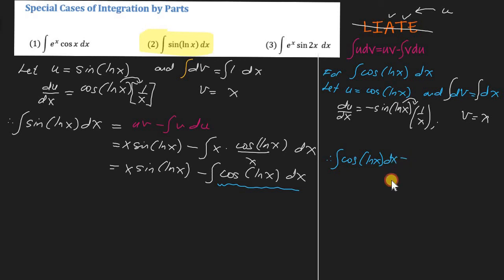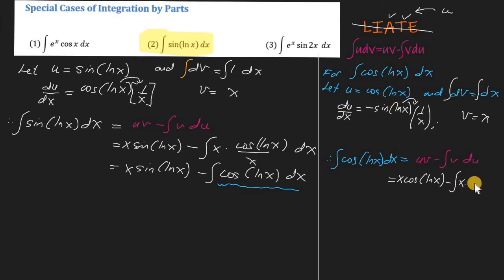Let's apply again the IBP formula, uv minus integral of v du. You have to show all those. So u is cosine ln x, and the v is x. I want to put x in front, minus integral of v du.